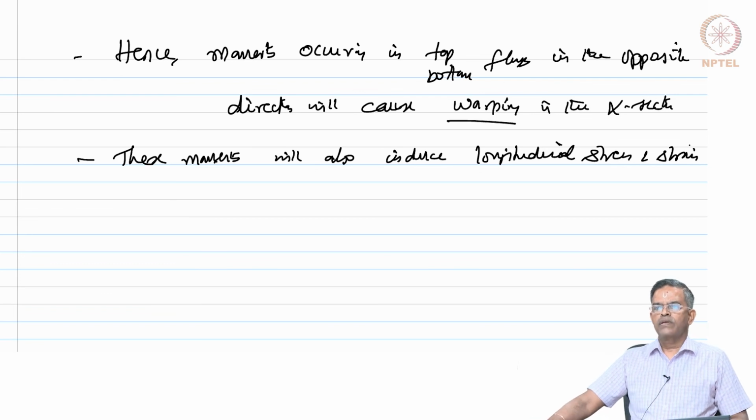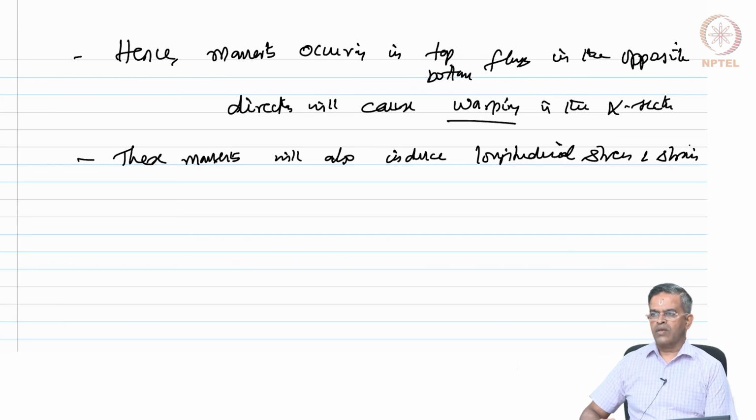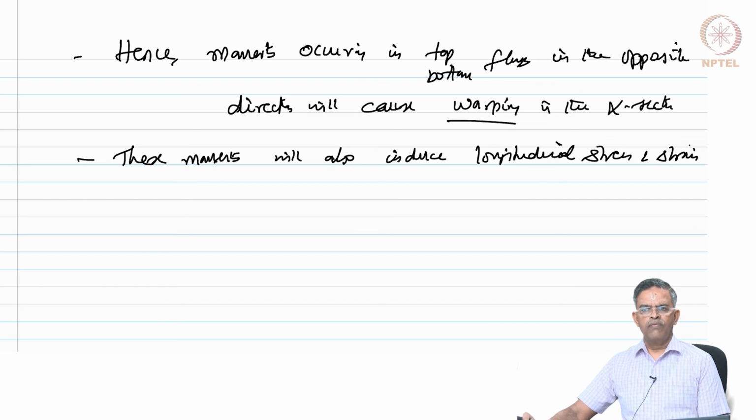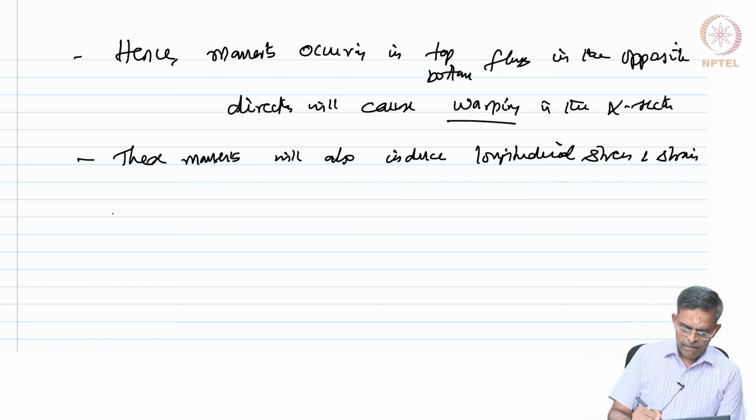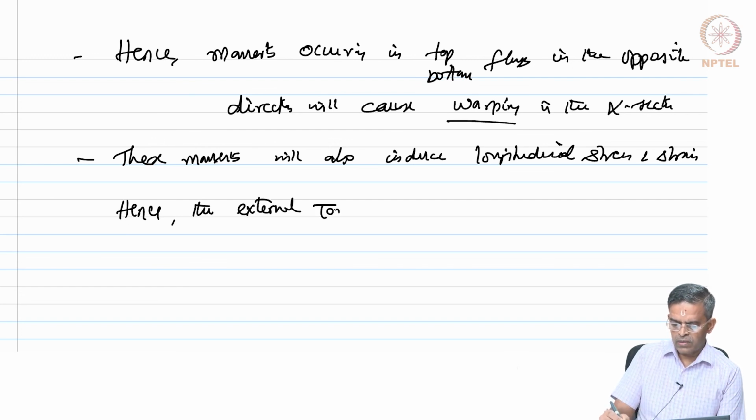So, therefore, friends, in an open thin walled section other than circular, application of torsion resulted in shear stress, which also caused additional bending stress. Hence, the total external torsion can be expressed as the sum of pure torsion and warping.